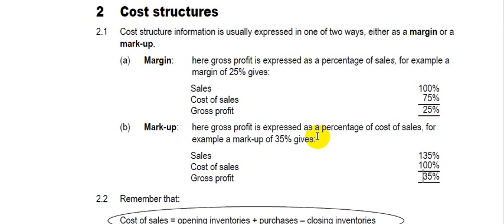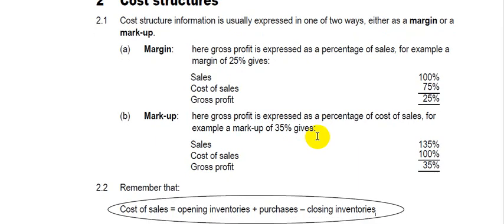You should also remember the cost of sales formula. The cost of sales formula is opening inventory plus purchases minus closing inventory.